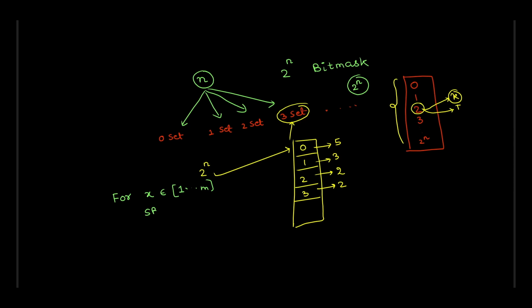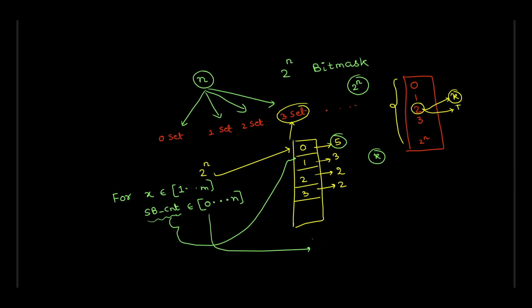So if you define the set bit count, this can only be in the range 0 to n, right? And how many bit masks are there with this set bit count and true written with it? So suppose this number you must have already tracked over here.